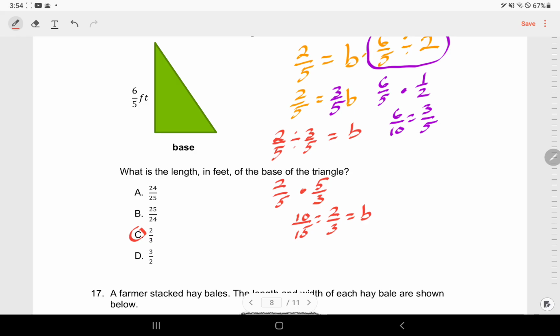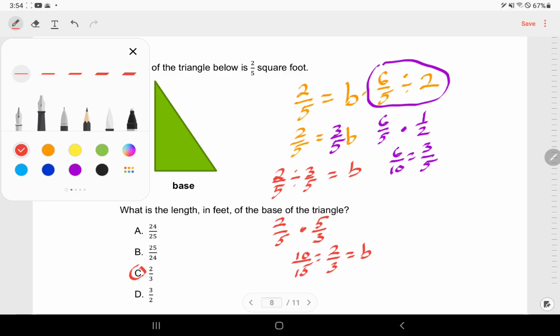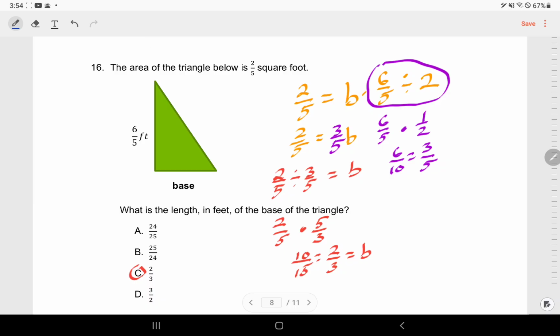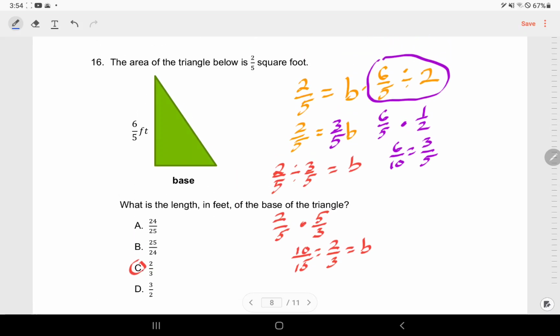Now, the other way we could do this problem, and it's probably easier for some of you. We know the area is 2/5. So we take our answer choices. 24 over 25 times 6 over 5 divided by 2.